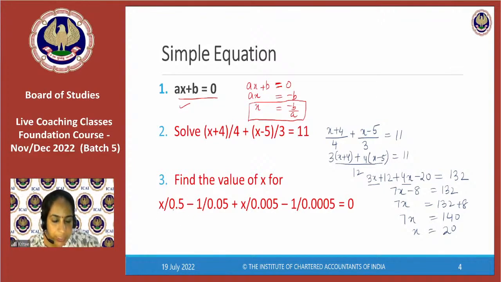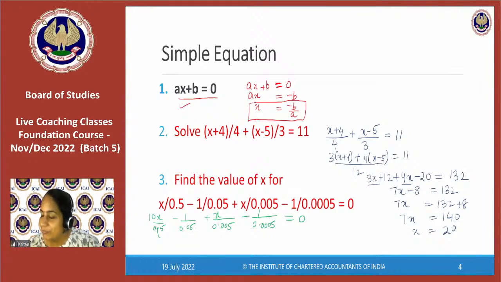So this is x upon 0.5 minus 1 upon 0.05 plus x upon 0.005 minus 1 upon 0.0005 equals 0. What we can do here is just remove the decimal and multiply by 10.